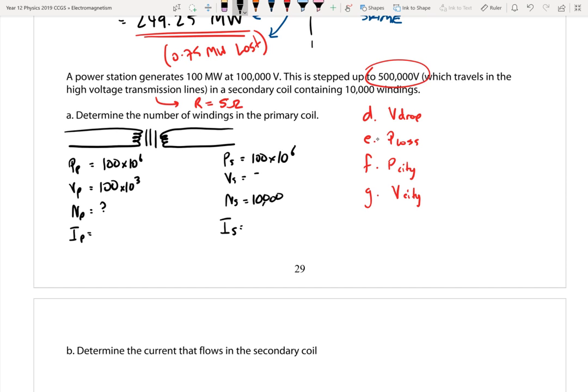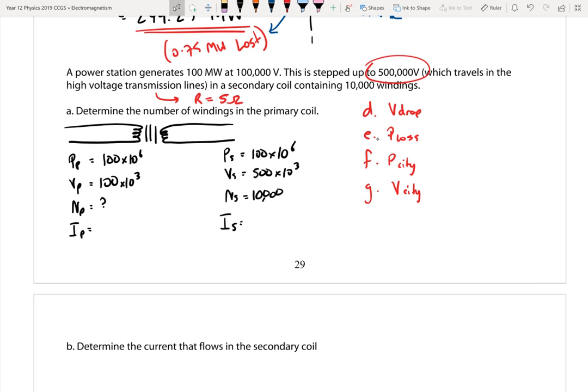Voltage over here is 500 kilovolts. All right. NP on NS equals VP on VS. Yes, this was done poorly by me.